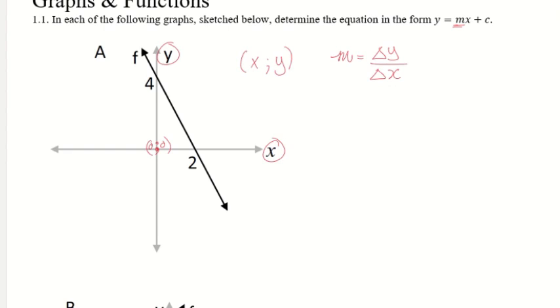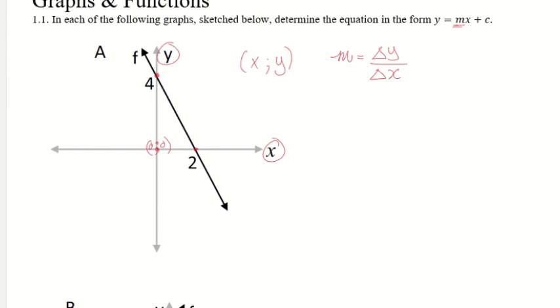And if we have certain coordinates which are identified to us, like this coordinate where it cuts the x-axis at 2, and this coordinate cuts, which axis? The y-axis at 4.